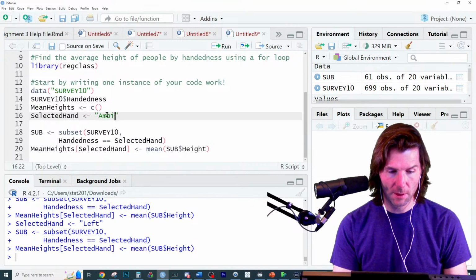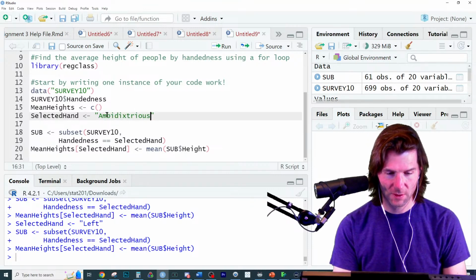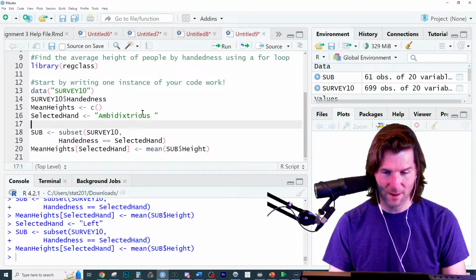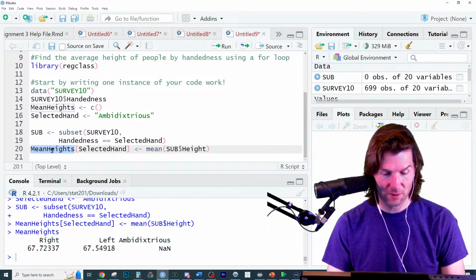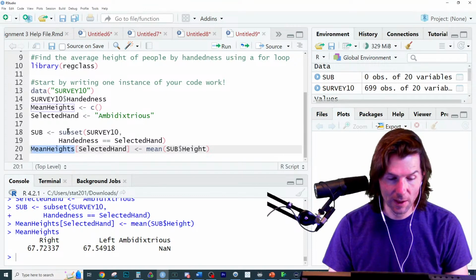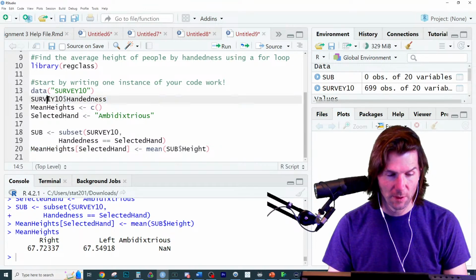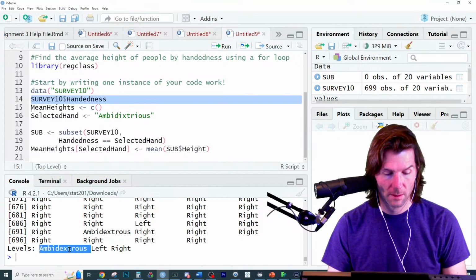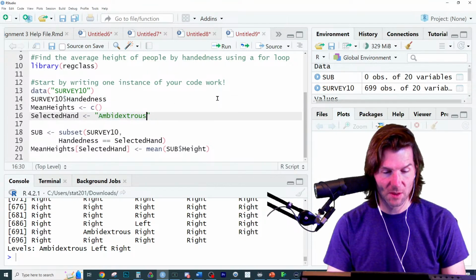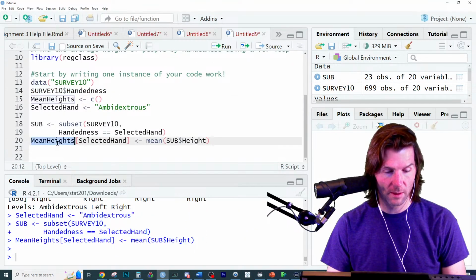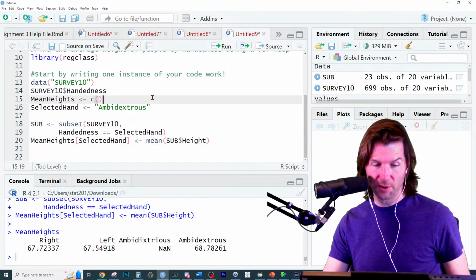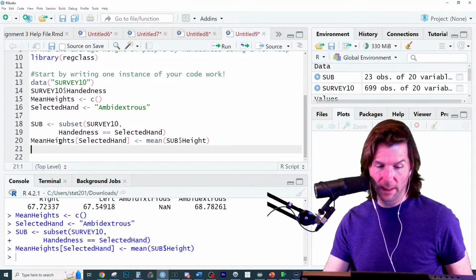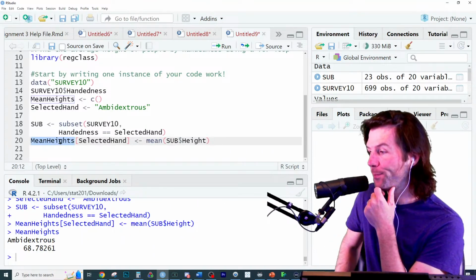Ambidextrous. How do you spell ambidextrous? That's not right. I don't know how to spell ambidextrous. We're going to still get that error message. Okay, there we go. We'll delete that later, or we can just delete it by restarting the vector if we wanted. But this is now working.